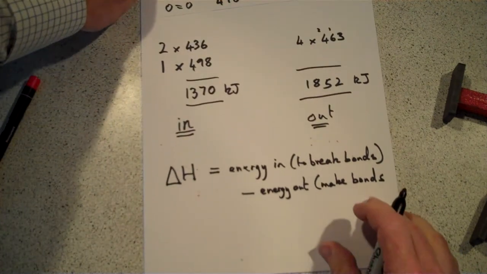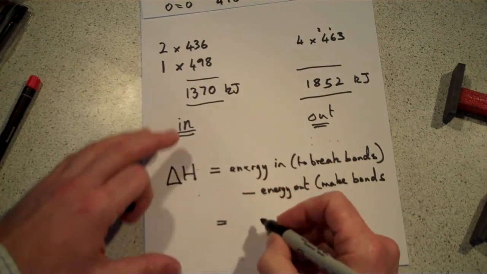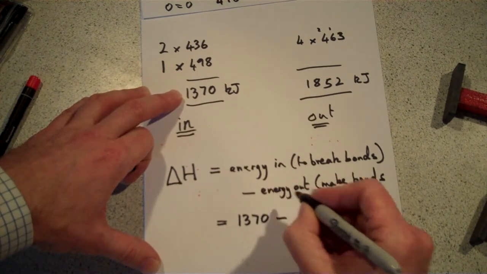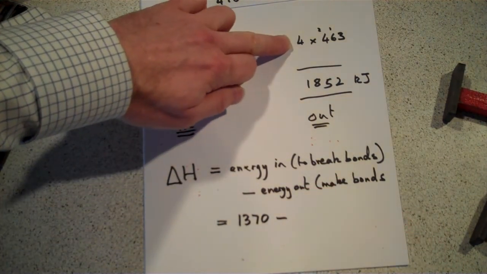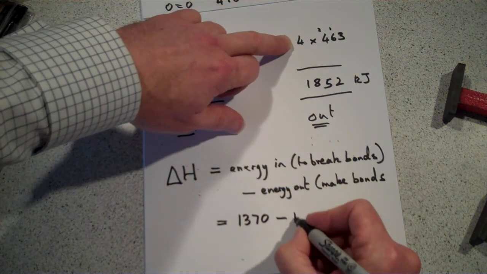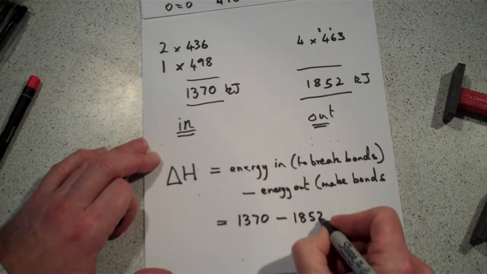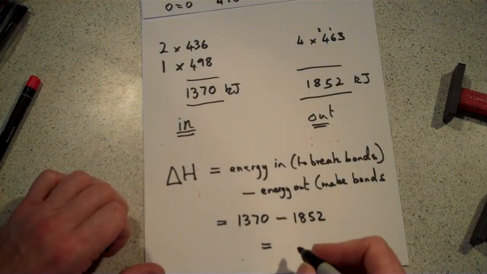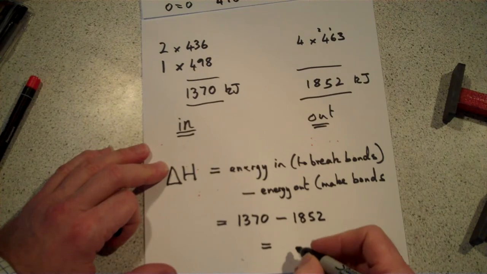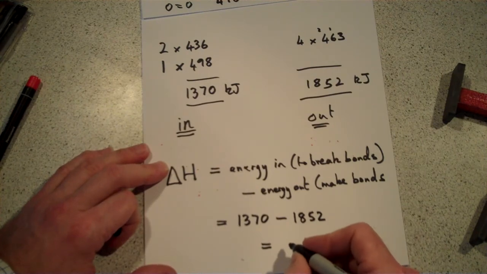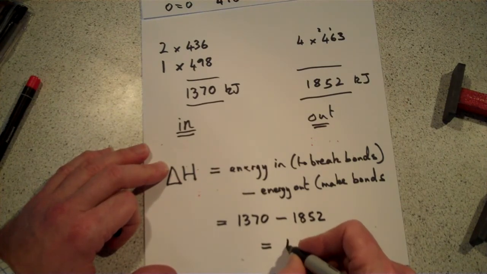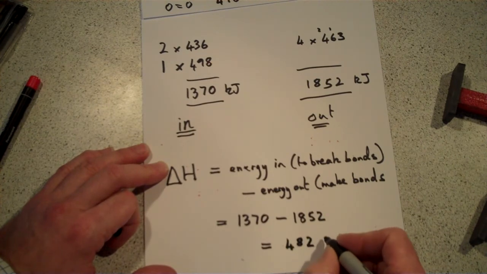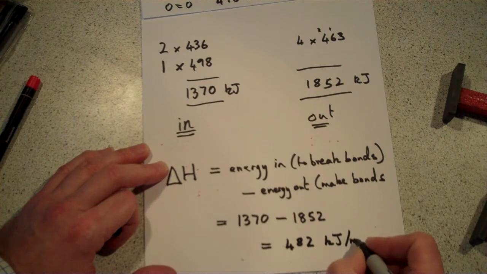So in this example, it's the energy you put in to break our hydrogen and oxygen bonds, 1370, take away the energy we got out when we made 4 O-H bonds in water, 1852. You do that calculation and you get an answer of, I've got to think about that one now. It looks to me like it's 482 kilojoules per mole.